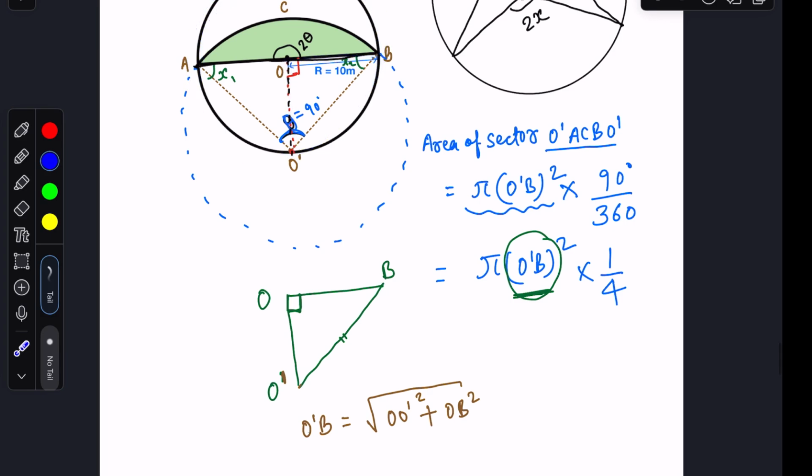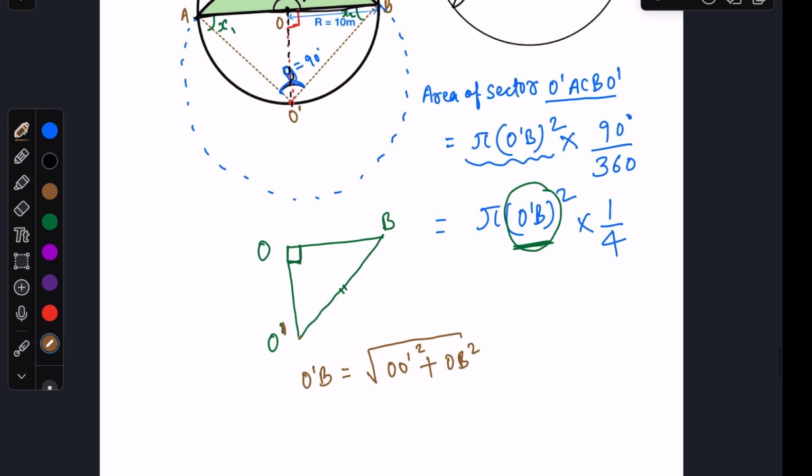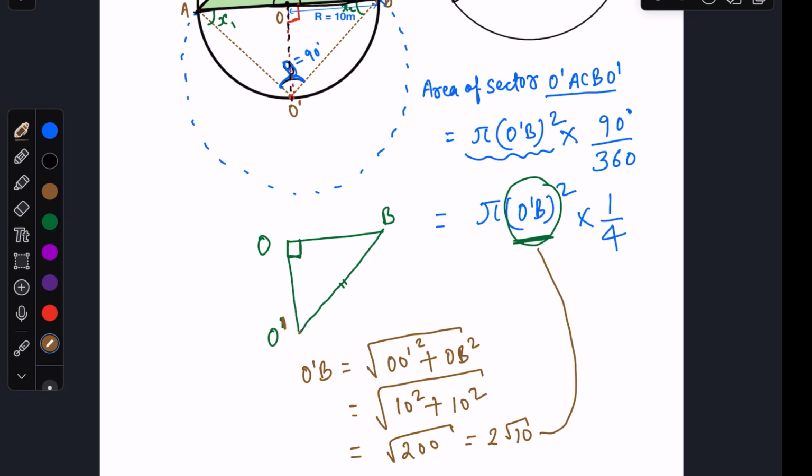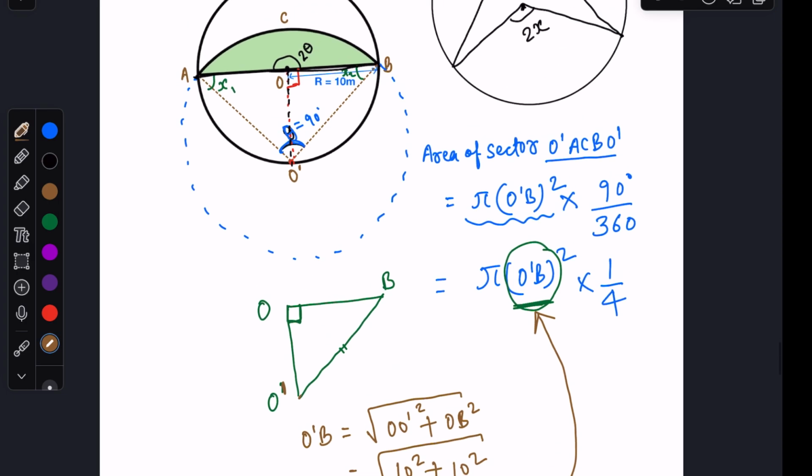It is given also, it is 10 meters. So this is 10 square plus 10 square, equal to 200. This is equal to 10 root 2. So we calculated O dash B.